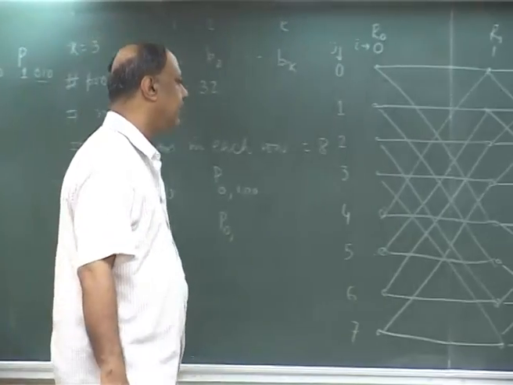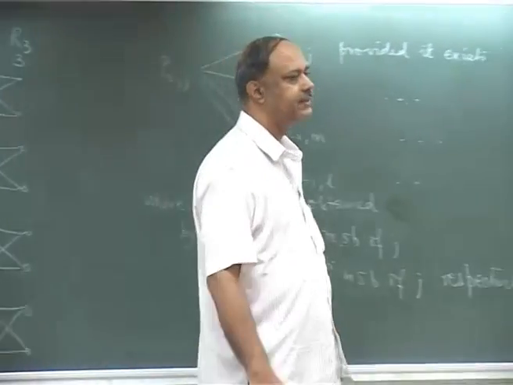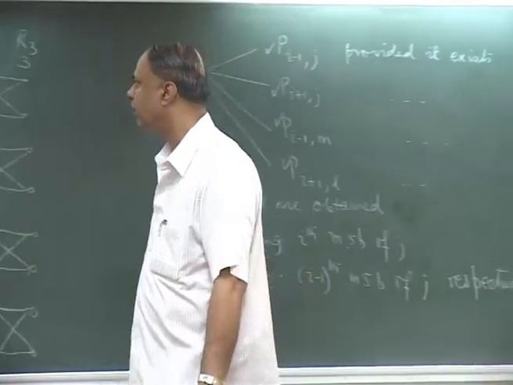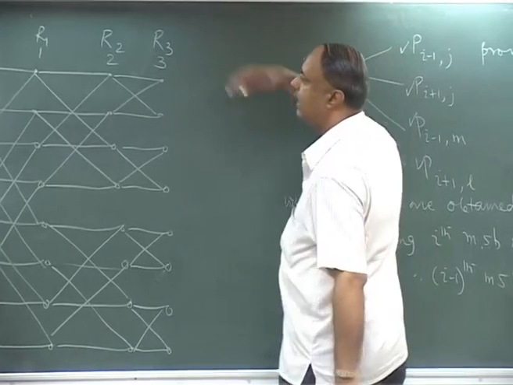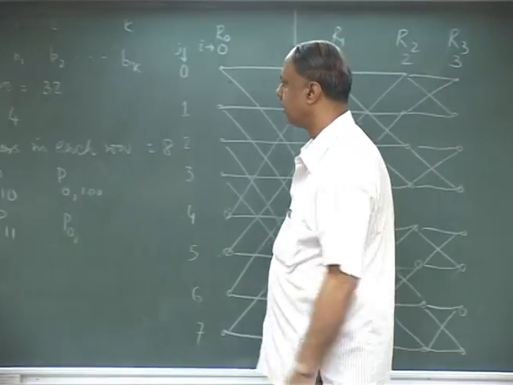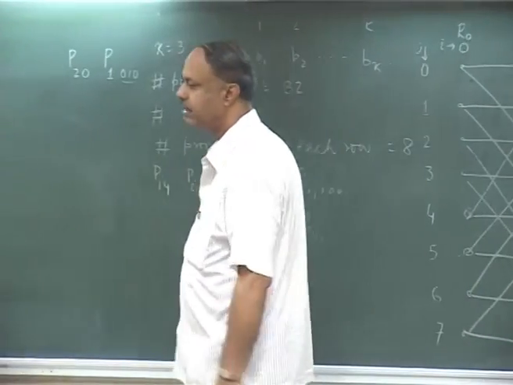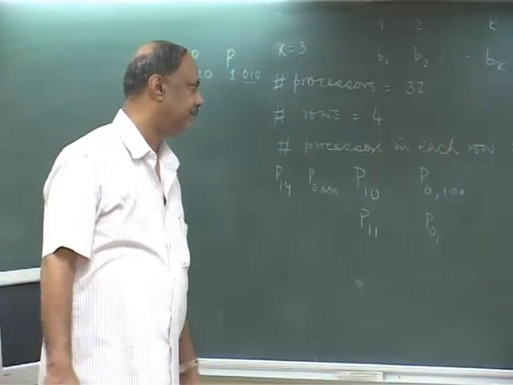Another thing is that this type of network is easily upgradable. You can add another butterfly here and plug it in. The only condition is that it should be in the form of (k plus 1) times 2 to the power k.